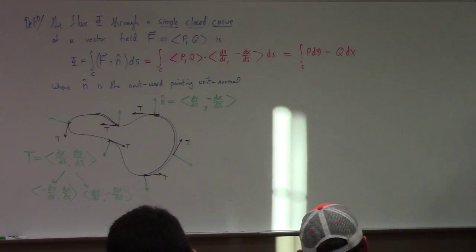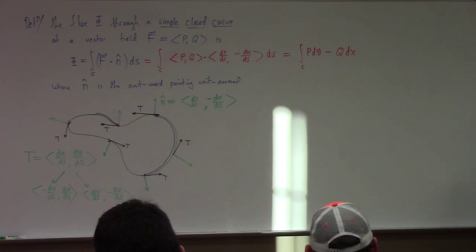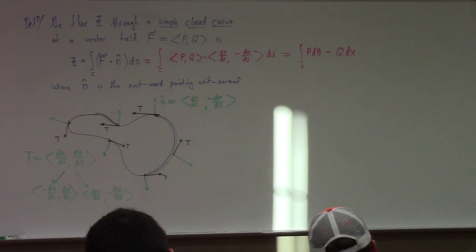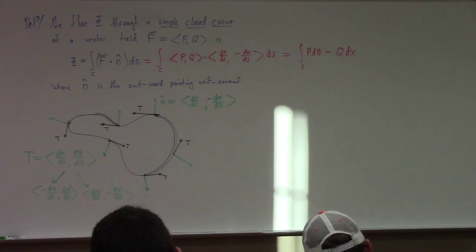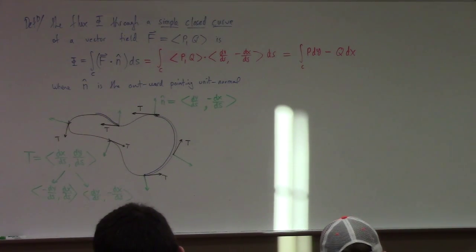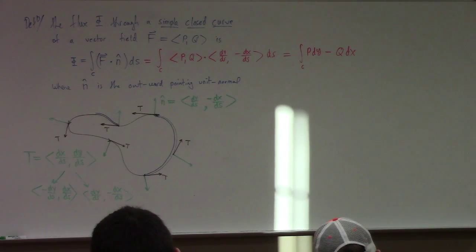So the flux is the integral over the unit circle of P dy minus Q dx, which is equal to the integral from 0 to 2 pi. Now, this is x dy minus y dx. What's the unit circle? x equals cosine theta, y equals sine theta.